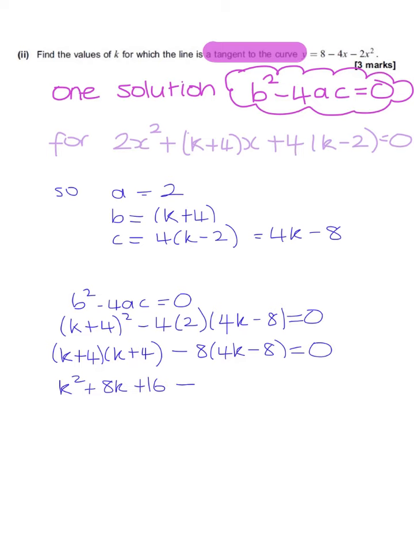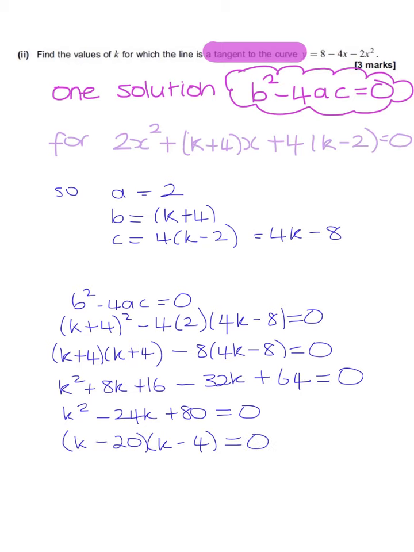So we get minus 32k plus 64 is equal to 0, which simplifies to k squared minus 24k plus 80 equals 0. And we now have a quadratic that we can factorise to get k minus 20, k minus 4. So k is equal to 20 and k is equal to 4.